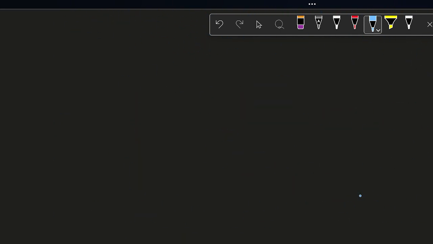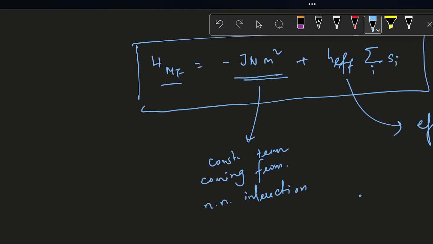So here if we proceed, I was noticing that there is again a minus sign problem here, because if I modify this and write it down, this m squared is basically what? This m is your average magnetization, the average of S_i, right?